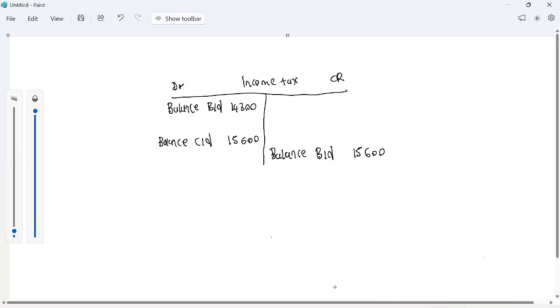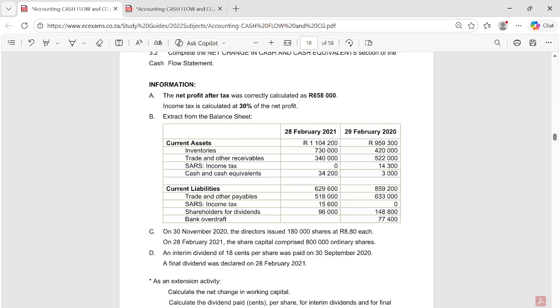So what's my income tax? They're saying net profit after tax is 658,000, and then income tax is 30%, right? So how do you calculate your income tax? You're going to say 658, you multiply it by what? This is net profit after tax, right?